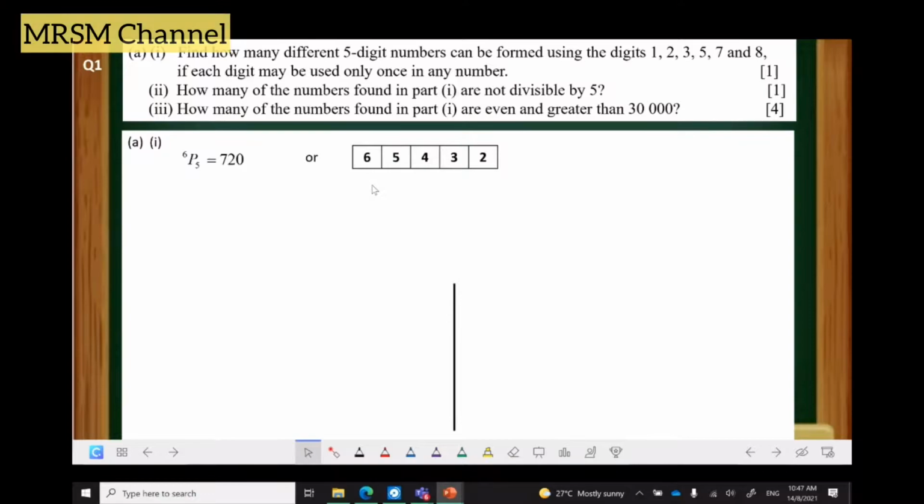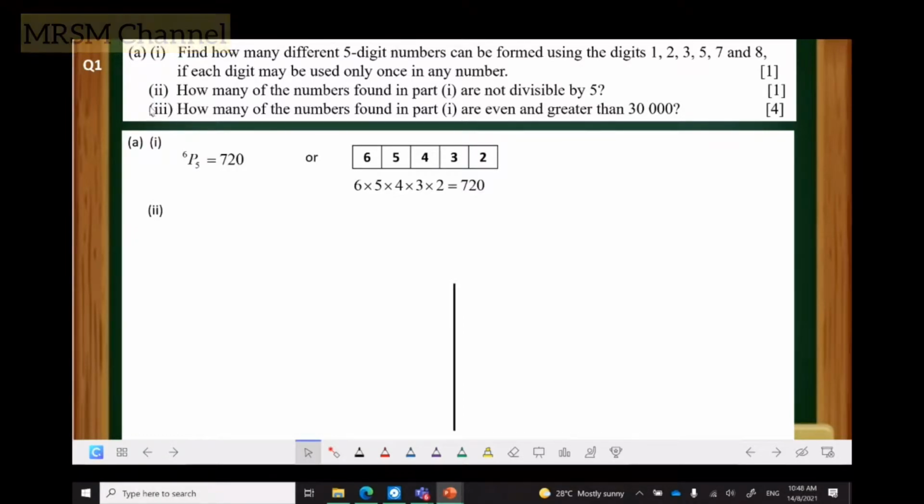So according to principle of multiplication, the number of different 5-digit numbers ni, kita boleh arrange dia in 6 times 5 times 4 times 3 times 2, which is also equal to 720. Okay, alright. So this one biasanya kalau soalan without any restriction, so using the formula is better lah.